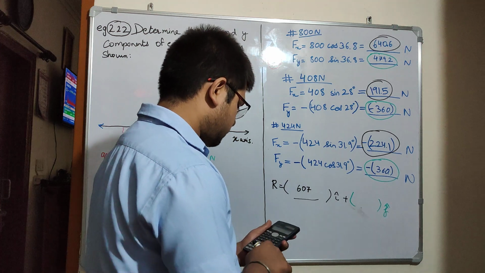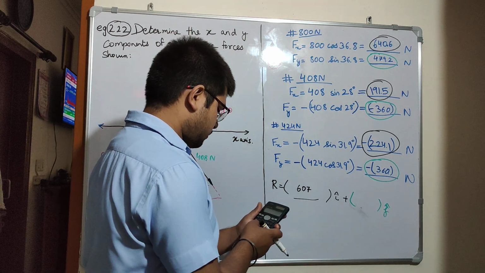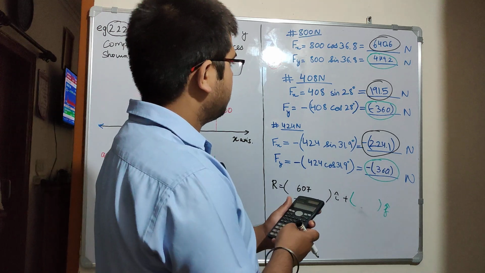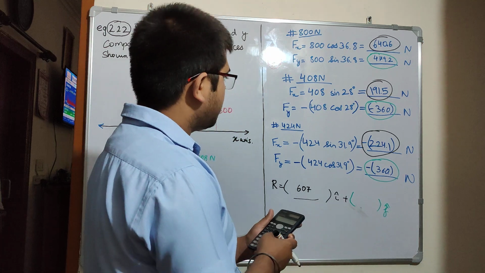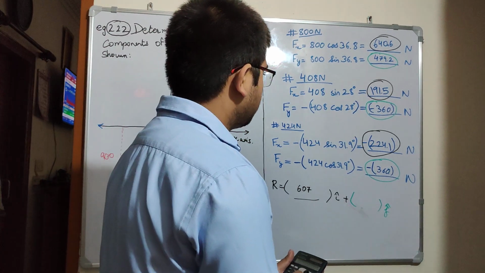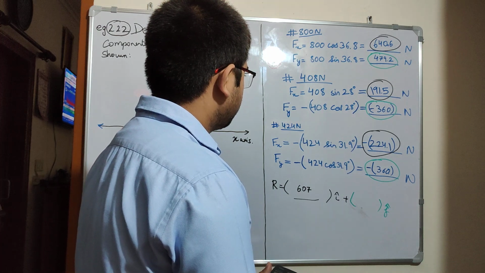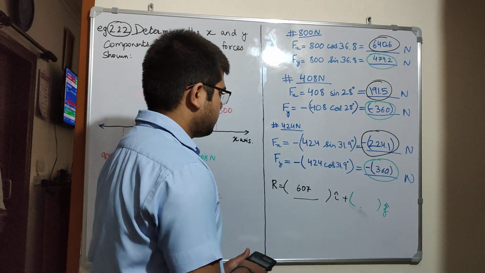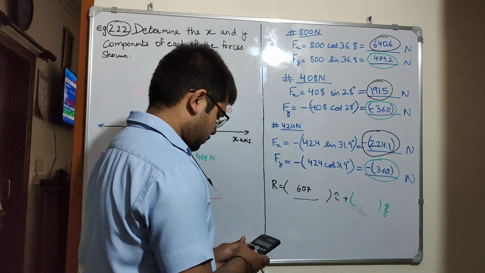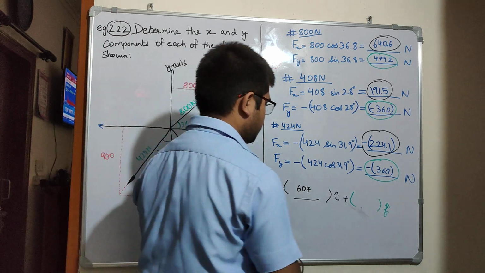Plus 479 minus 360 minus 360 gives minus 241.